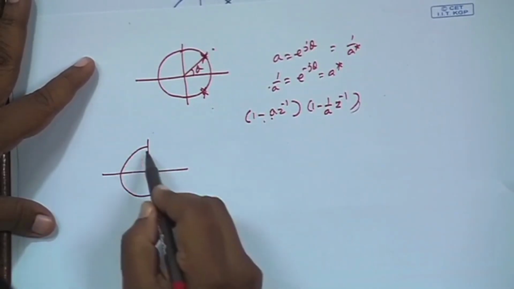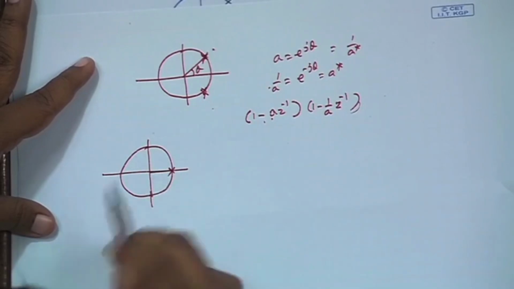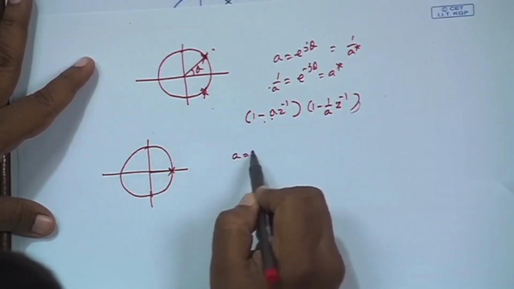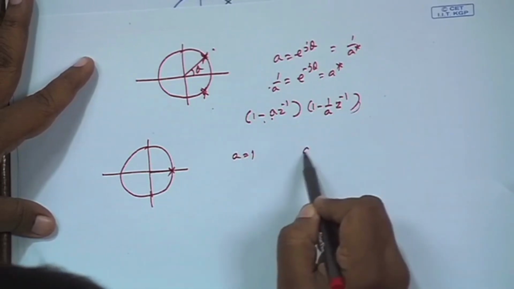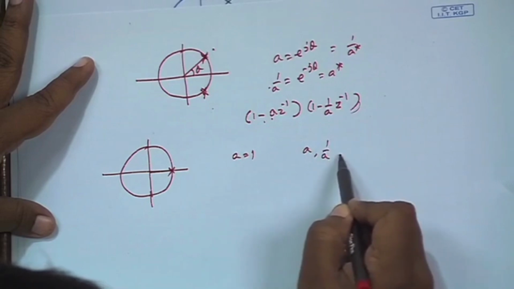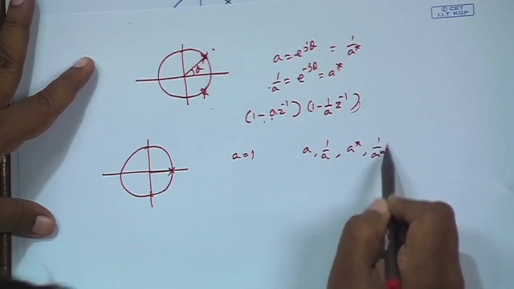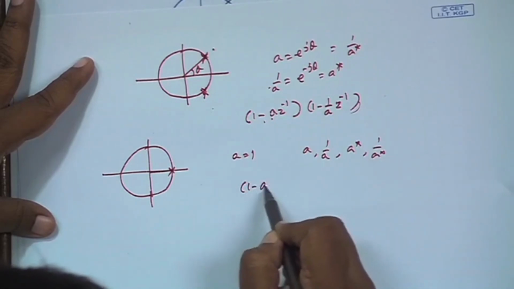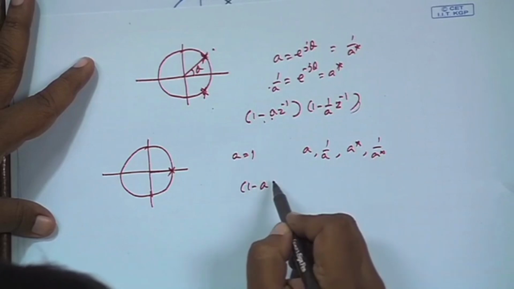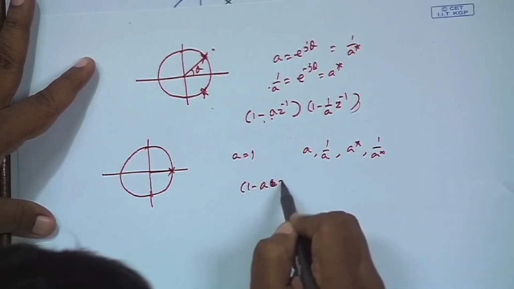Some more special cases, a couple of special cases. Suppose A is just 1. In this case, A and 1 by A are the same, and A star, because A is real, and 1 by A star are all the same. So, we will have only one term, 1 minus A z inverse.